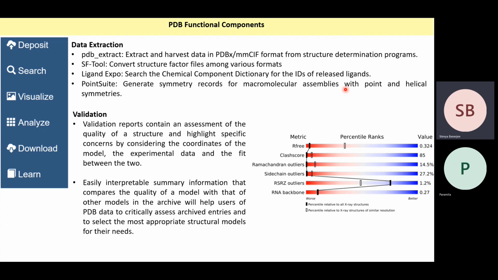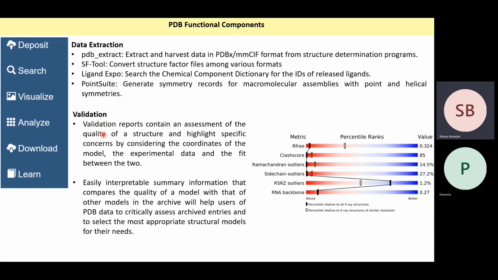This is called a docking simulation. You can simulate whether the enzyme will complex with that particular ligand. And finally, Point Suite, this tool generates symmetry records for macromolecular assemblies with point and helical symmetries. So all the symmetry data is extracted by the Point Suite tool.